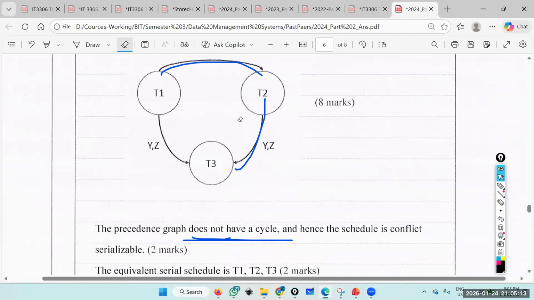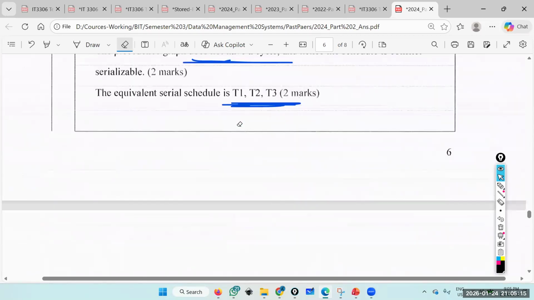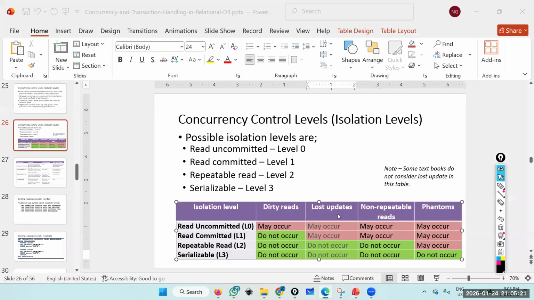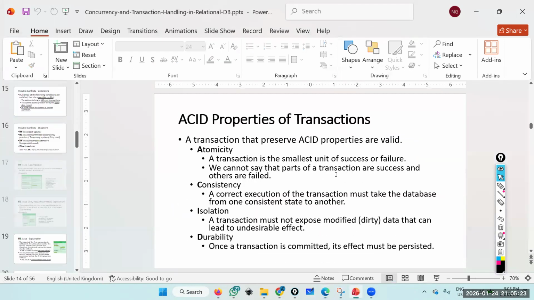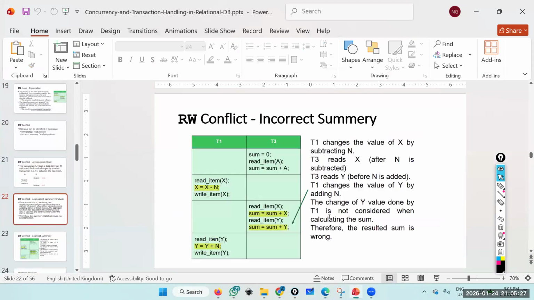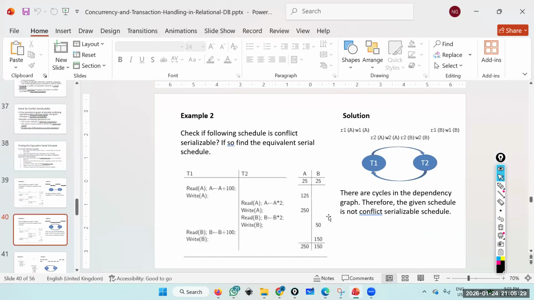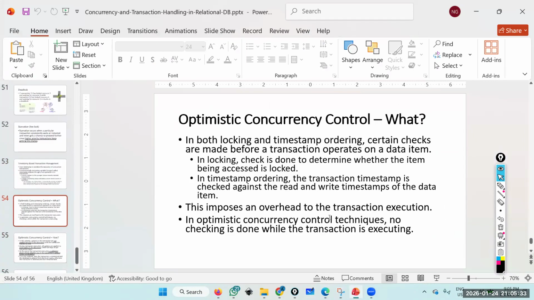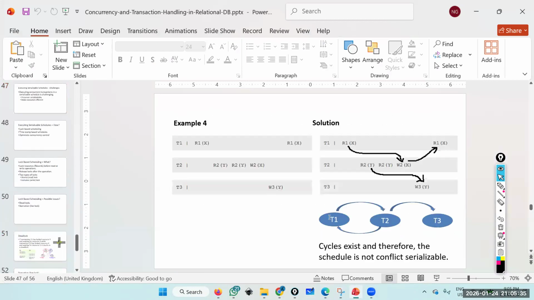If a schedule is conflict serializable, it is automatically view serializable. Why? Remember the diagram I gave you? Subset. Where is it?